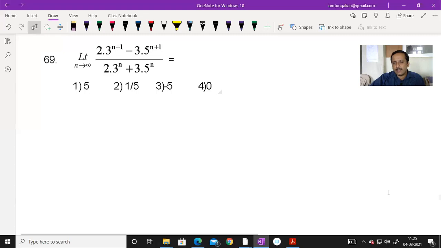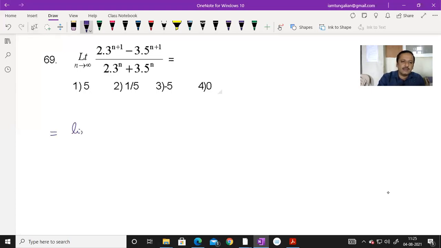Okay. 69th question. Limit n tends to infinity, (2 into 3 power n plus 1 minus 3 into 5 power n plus 1) divided by (2 into 3 power n plus 3 into 5 power n) is equal to. Earlier we had solved one problem of the same kind.